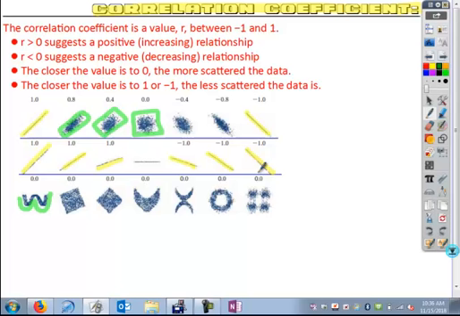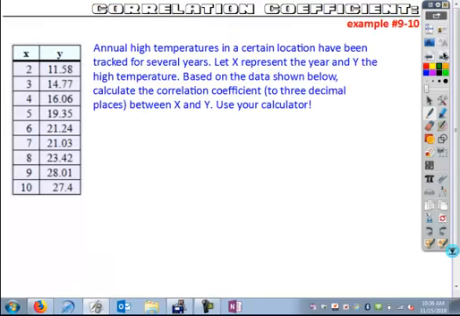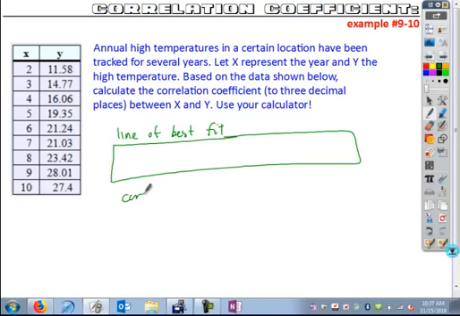All right. So when you are finding these correlation coefficients, you're simply going to do the same thing that we just did, but you're going to look in the table that pops up with the information. You're going to identify the one that says CORR. Okay? So what I want you to do is see if you can find the line of best fit for this, and find the correlation coefficient.